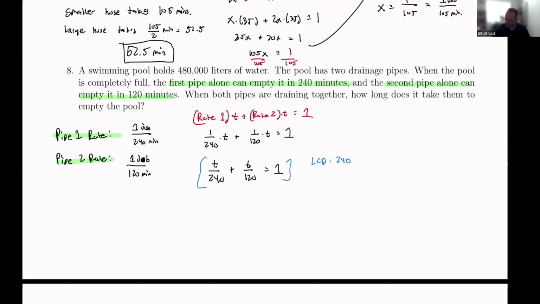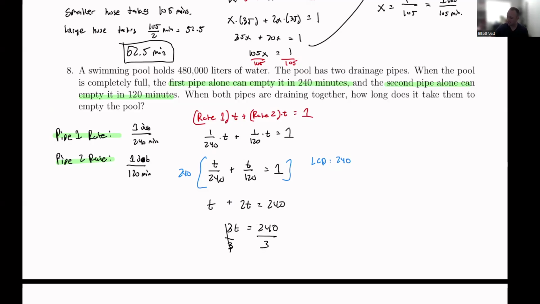If I multiply everything by 240, what happens? When I distribute, I'm going to have just a T plus, 240 divided by 120 is 2, so 2T, is equal to 240. 3T is equal to 240 after combining like terms, and then we can divide by 3.